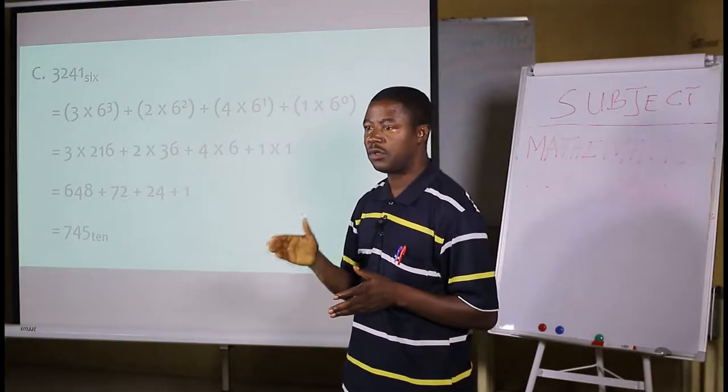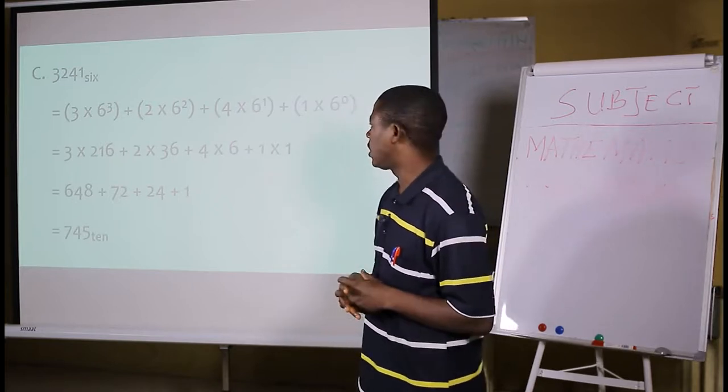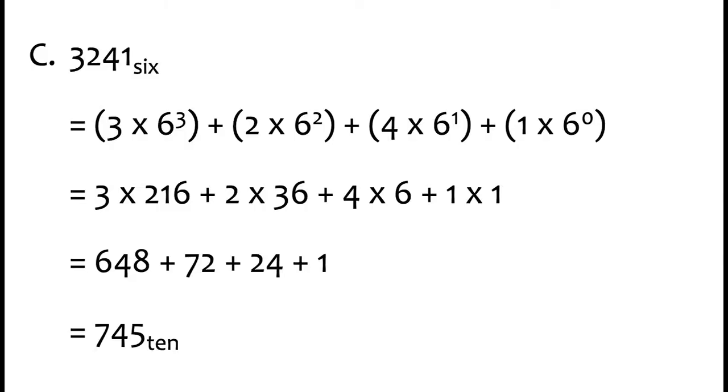You continue to reduce by 1 because the digits are reducing in that way. So 2 times 6 raised to the power 2, because after 2 you have 2 digits, plus 4, which is the next number, times the base, which is 6 raised to power 1, plus finally 1 times 6 raised to power 0.